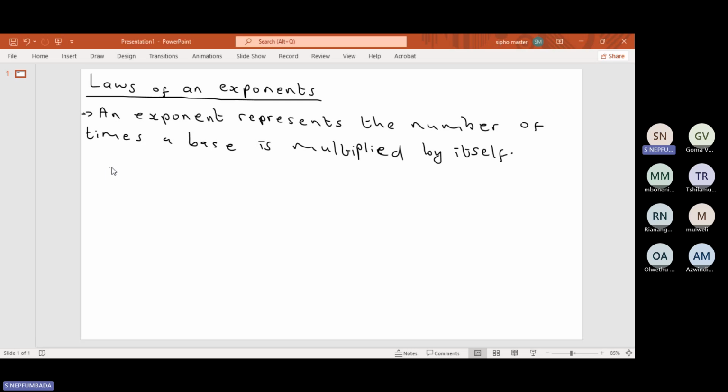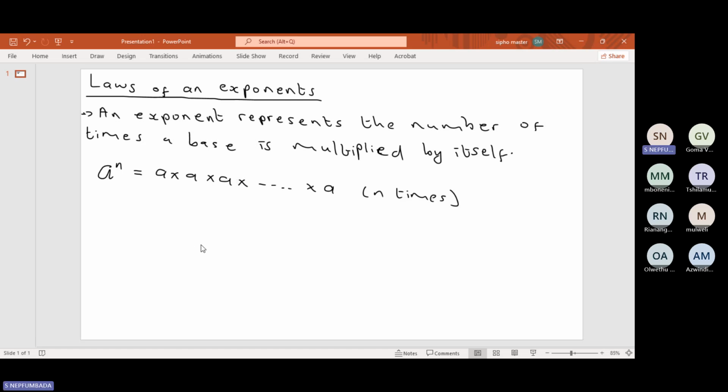Let's say we're saying a to the exponent of n. This is nothing but a multiplied by a multiplied by a, until a multiplied n times. This n we don't know, it stands for any number. Are we good?